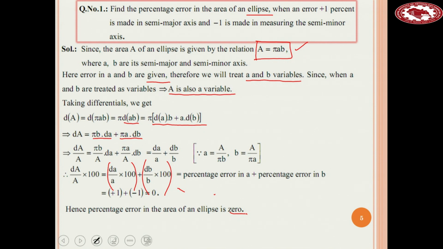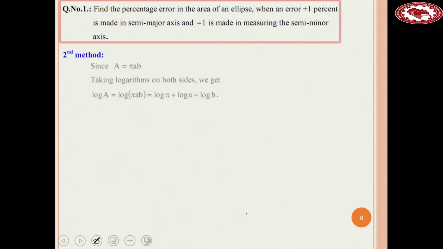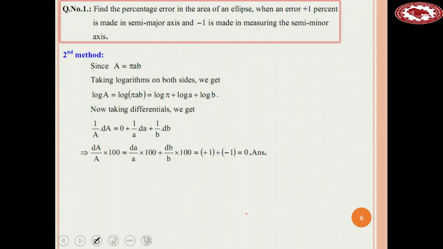We have another method to solve the same problem, and that one is more simplified. Okay. Since A is equal to pi AB, very simple, taking logarithm on both sides, we get log A is equal to log pi AB, and log pi AB is log pi plus log A plus log B. Now, taking differential on both sides, we obtain 1 over A dA is equal to, now pi is constant, so 0 plus 1 over A dA plus 1 over B dB, and multiply by 100 and substitute the percentage errors of A and B, we finally obtain 0.